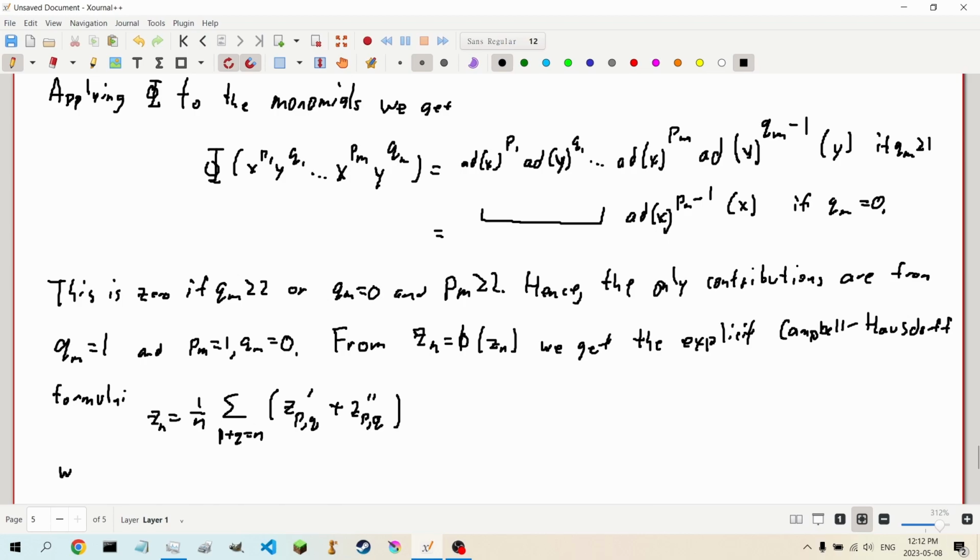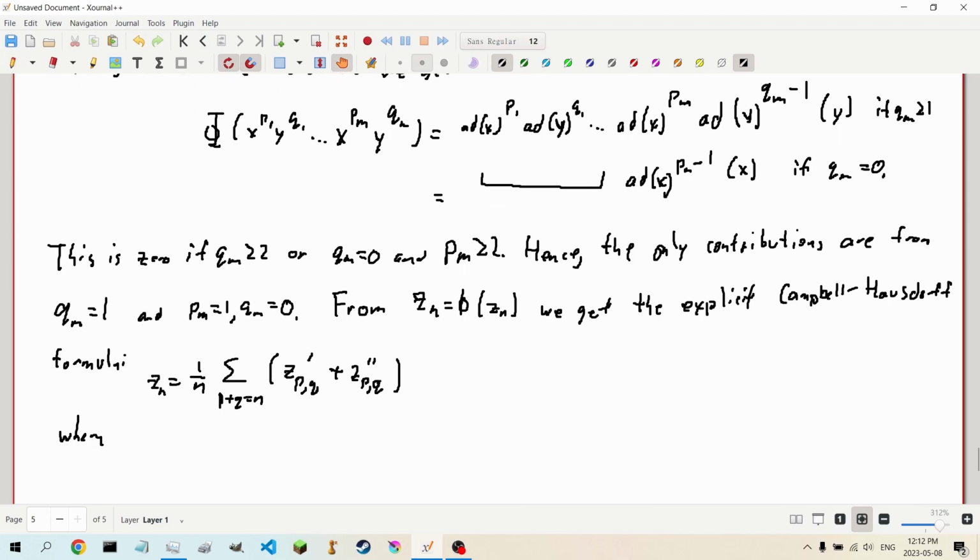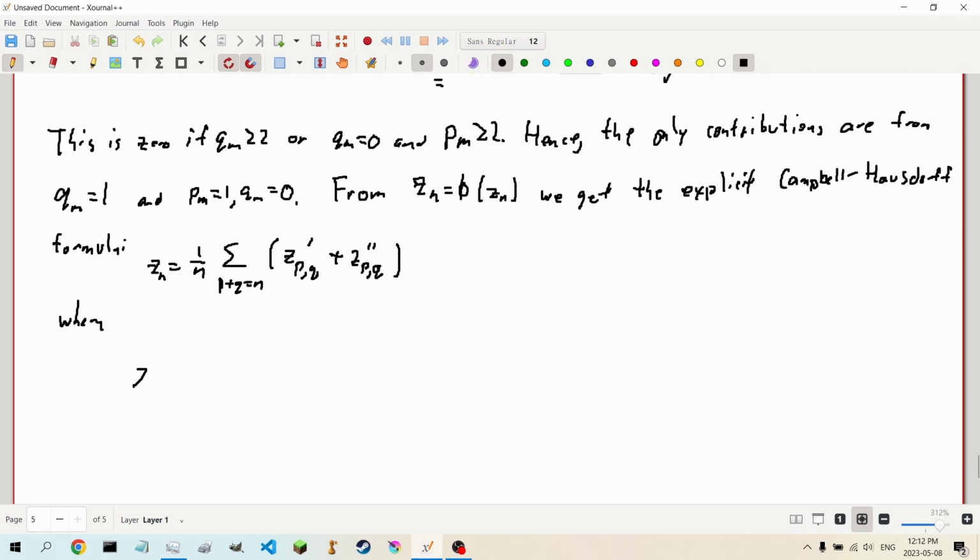Now what are these two things here? z p comma q prime is the sum for some components p1 through pm adding up equal to p, q1 through q(m minus 1) adding up equal to q minus 1, where each p_i plus q_i is at least 1 and our last pm is at least 1.